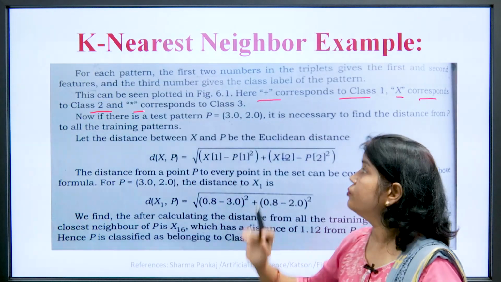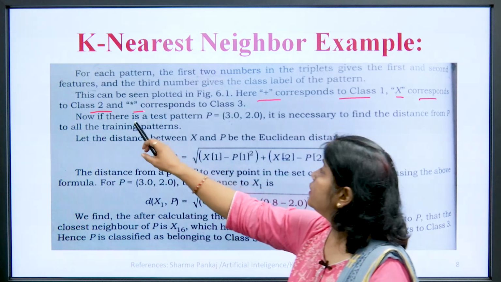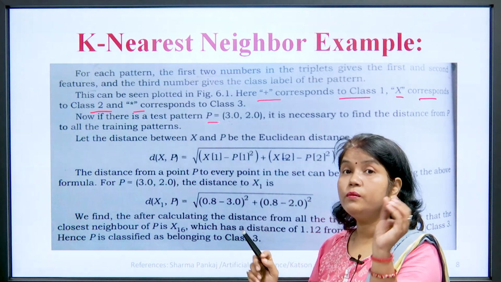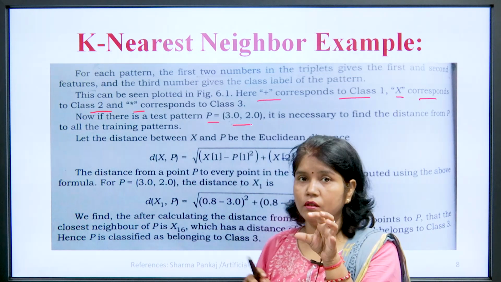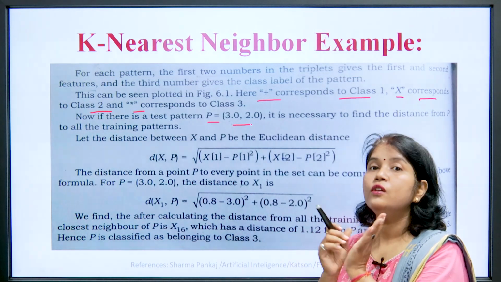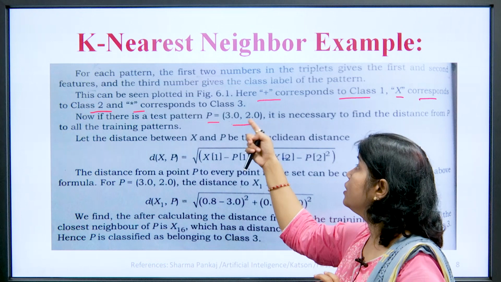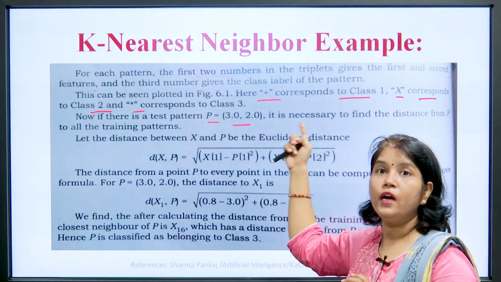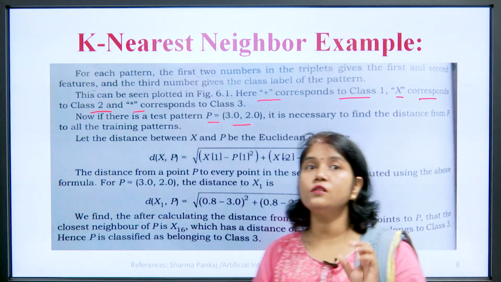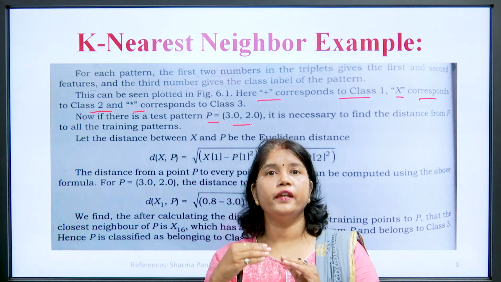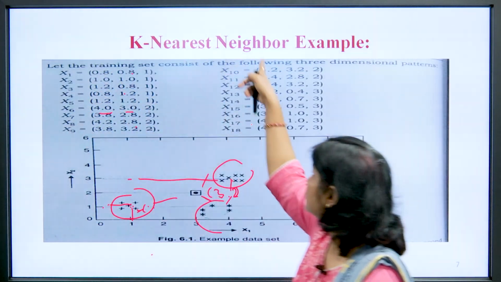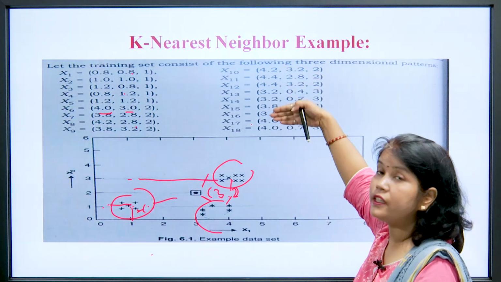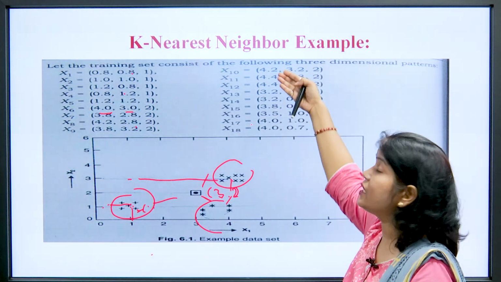If a new point is introduced and you have to decide which category to put it in, it will also have a coordinate. The coordinate of point P is 3, 2.0, and it is necessary to find the distance from P to all the training patterns. All the training patterns means these patterns.